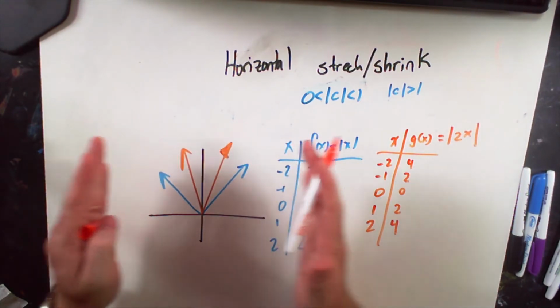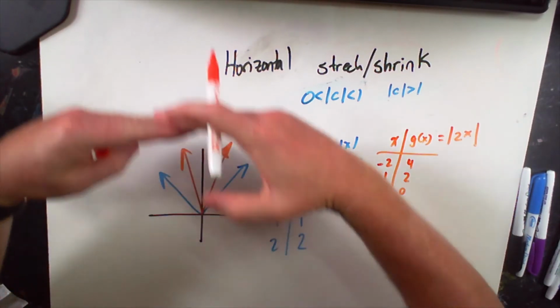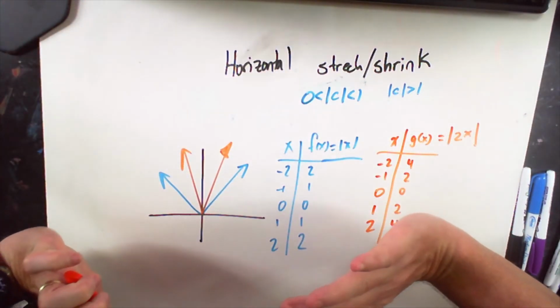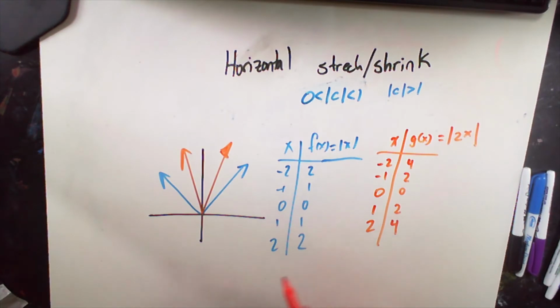So it's not going out as far. So the fact that it's taller vertically means that it's shrunk horizontally. So a horizontal shrink is the same thing as a vertical stretch, and vice versa.